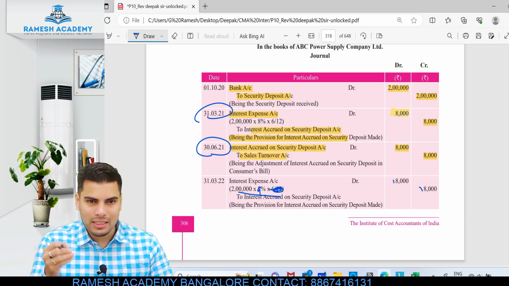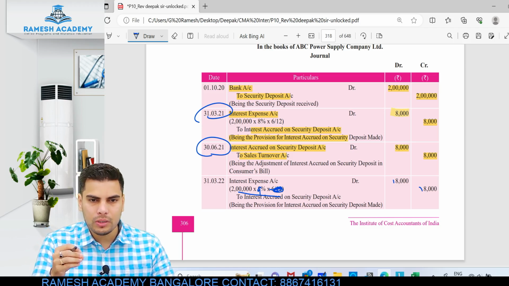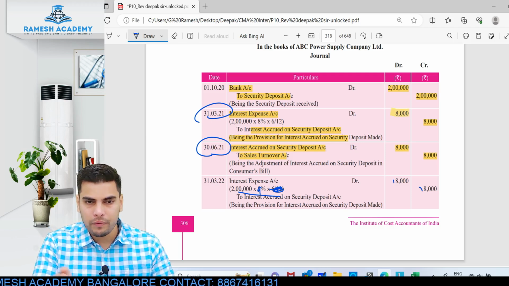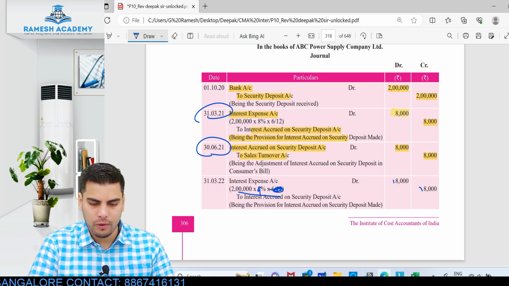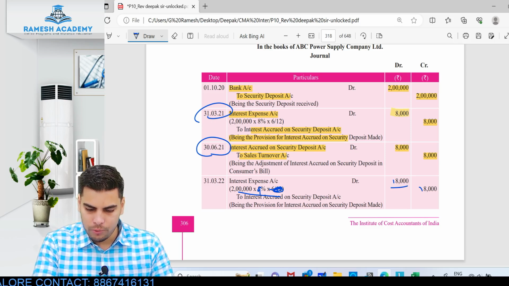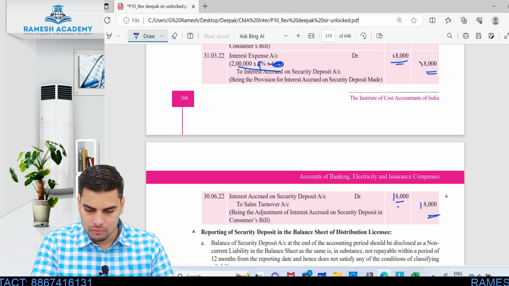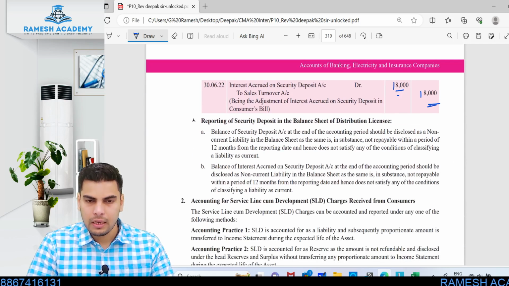But don't you think in the second year this particular security deposit was held by this particular electricity company for a period of entire 12 months? You need not proportionately calculate for 6 months over here. Here it would be 18,000. Be careful over there. So this is a mistake. I hope you guys made the correction. This should be 18,000. Is this clear?